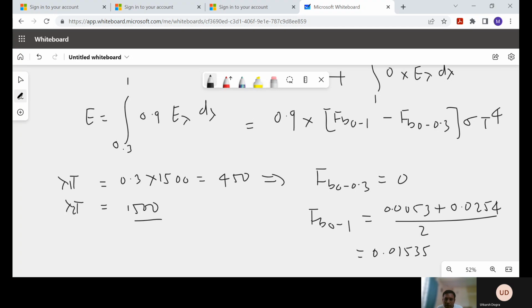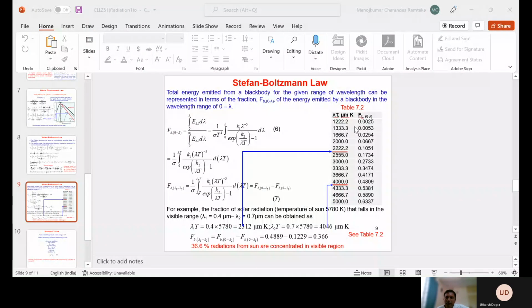I will just go back to the table and explain again so that you will appreciate what I'm trying to say here. Here you can see the table. If the value of lambda T is less than 450, there is no 450 value shown in this table. Can you see, Utkarsh? Yes, sir. So what will be the F factor value corresponding to that? 0, approximately. Correct.